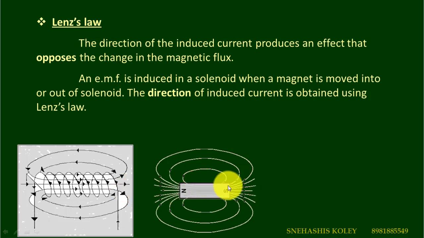And if we move the north pole away from the solenoid, then the direction of the induced EMF will be clockwise, due to which a south pole will be generated, which will oppose the motion, that is the moving away of the north pole, by attracting the north pole.